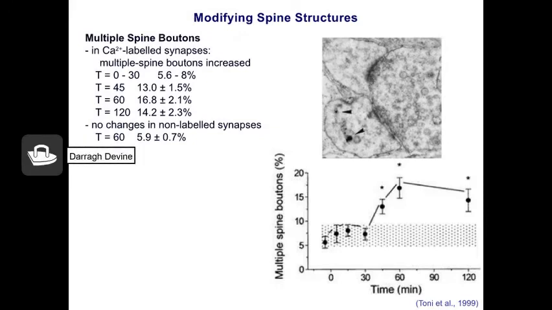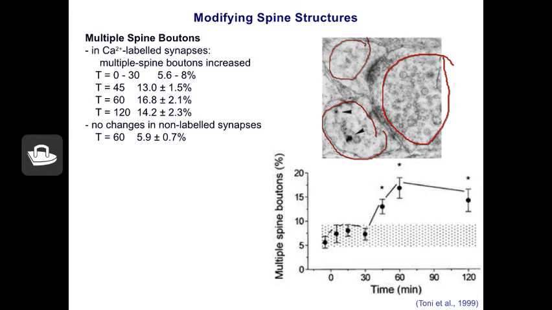But these experimenters found an additional interesting change when they examined the labeled activated spines. They found the multiple spine profiles that are shown in the middle photomicrograph. Again, the spines are on the left and the axon terminal is on the right.